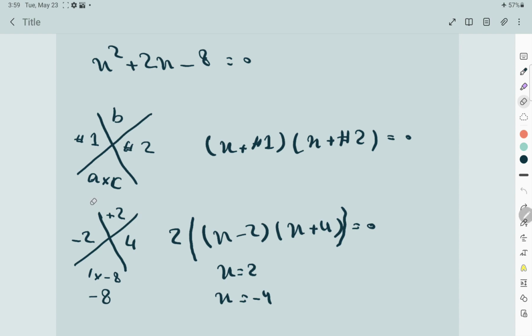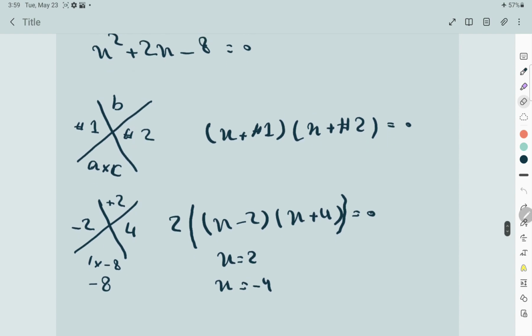You put B at the top and A times C on the bottom. Then you have to find two numbers that when you add them together give you B, and when you multiply them together give you the number at the bottom. Then if your A is 1, you simply arrange the numbers like this, set each of these parentheses separately equal to 0, and solve for x.